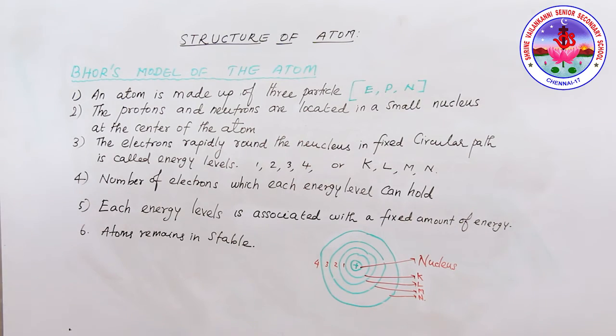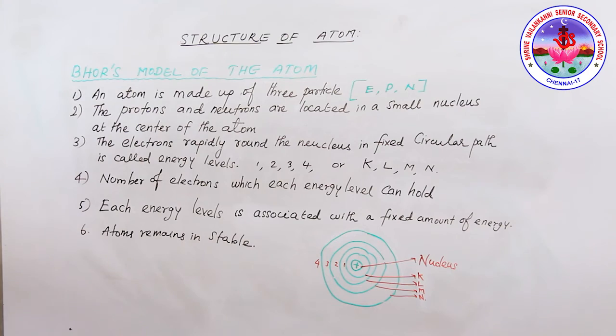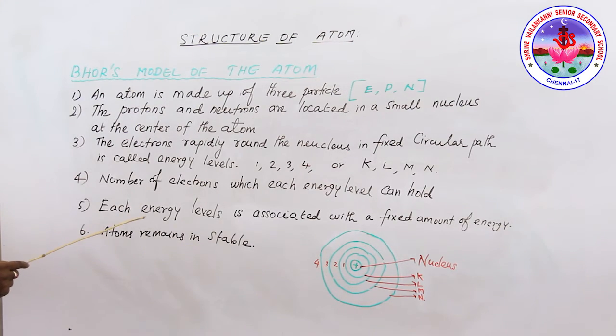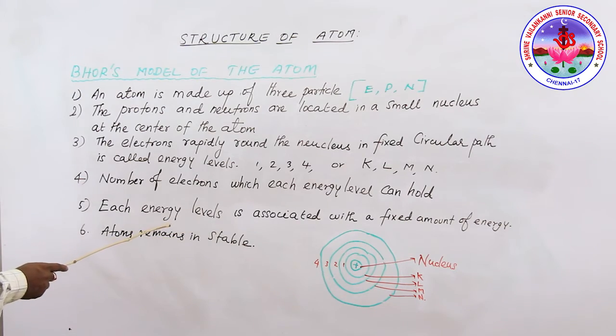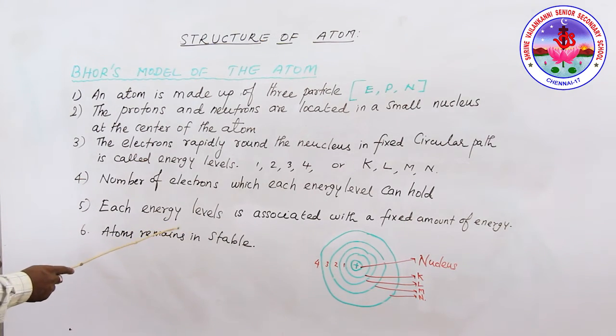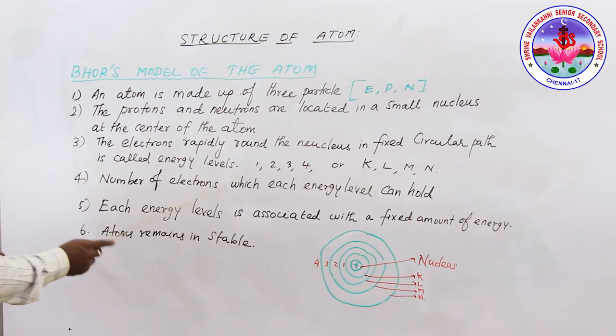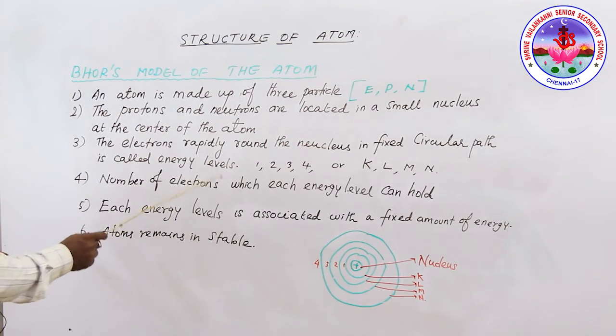Next, the number of electrons which each energy level can hold. Each energy level holds electrons, and the number of electrons varies from one shell to another. The K shell holds a minimum of 2 electrons, and the L, M and N shells hold different numbers of electrons.